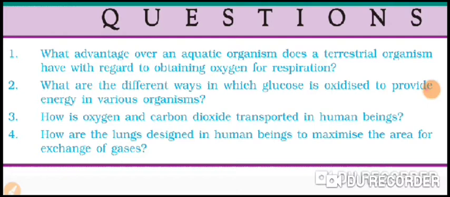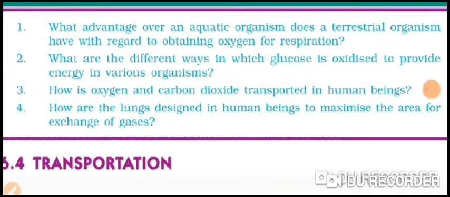The next question is, how are oxygen and carbon dioxide transported in human beings? Just now I explained it to you. When you are inhaling, the oxygen-rich air reaches the alveoli, and from there it diffuses into the bloodstream, because oxygen is high in the alveoli and lesser in the blood. On the contrary, carbon dioxide, which is brought from different parts of the body, is present in the blood around the alveoli.